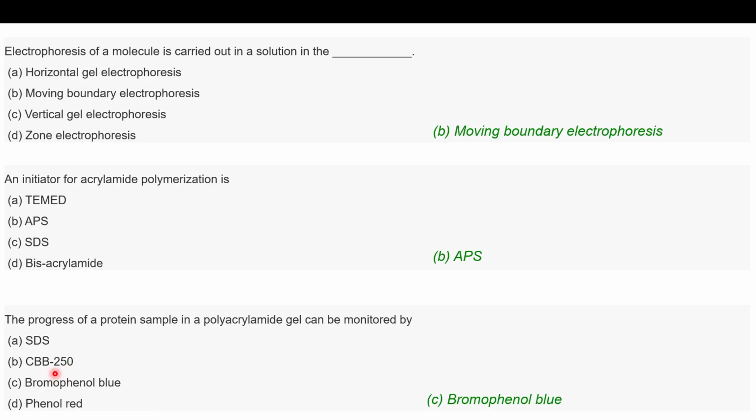And CBB is Coomassie Brilliant Blue, which is for detecting your protein bands. SDS is the detergent. And does anyone remember what phenol red does? Yes, very good. It's basically an indicator of the pH of the medium.